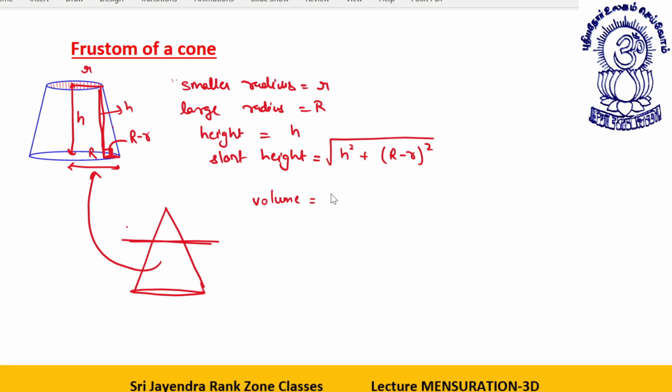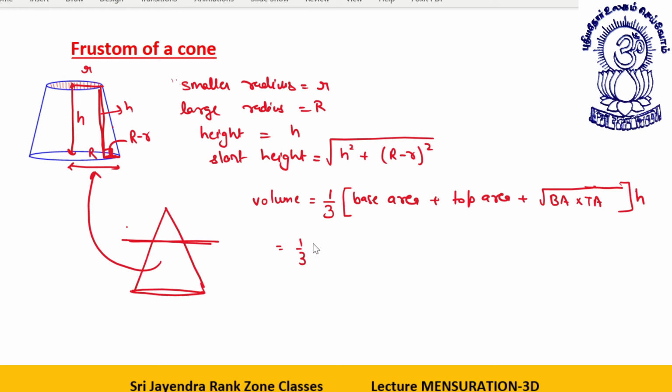This is the core formula for finding the volume of a figure. 1 by 3 into base area plus top area plus under root base area BA into TA, all this multiplied by the height.